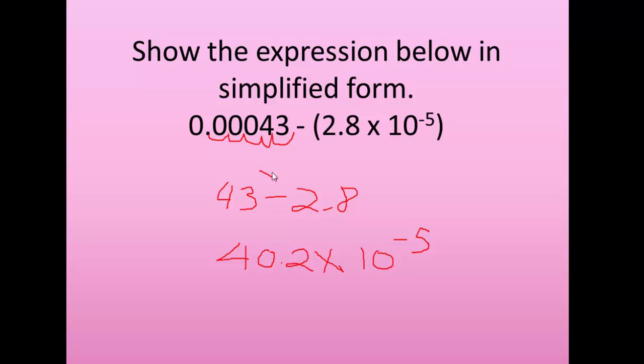Okay, so these really do have that 10 to the -5 on them, but since the exponents are the same, we can just work with the first part of the numbers.